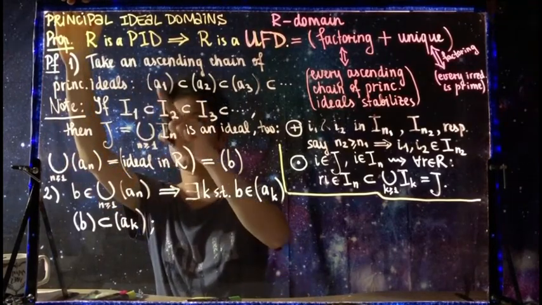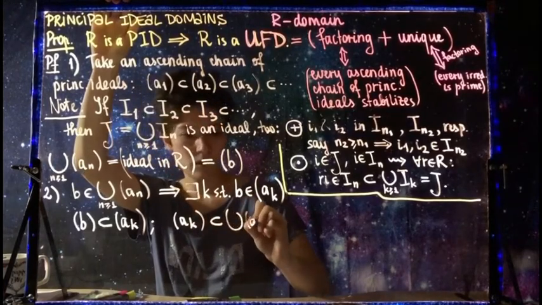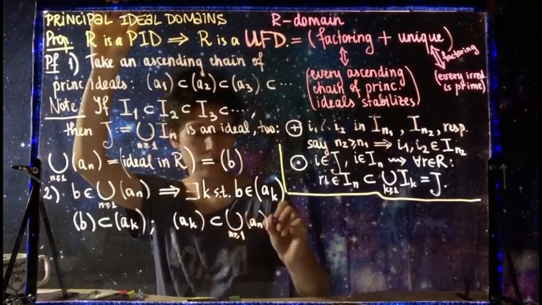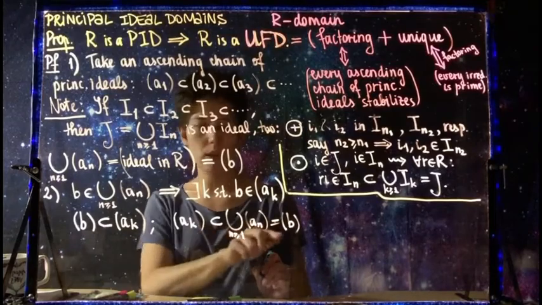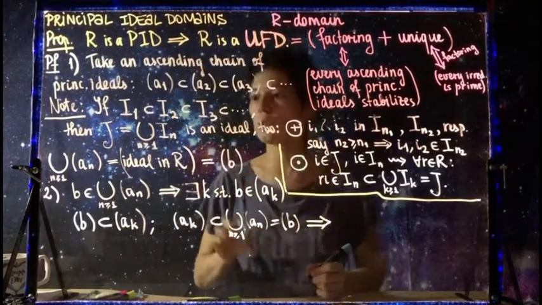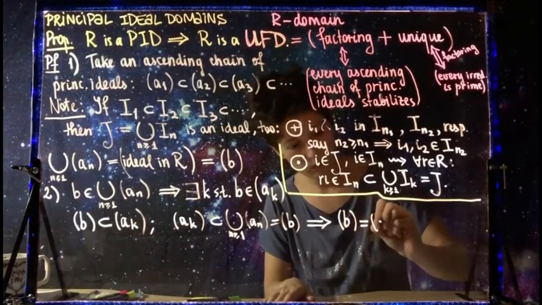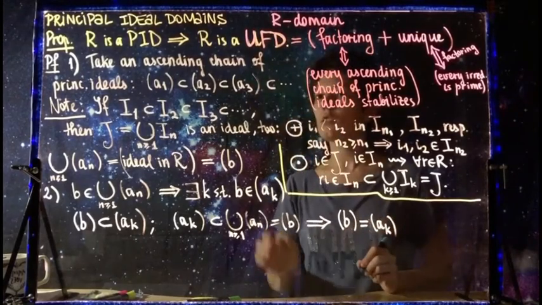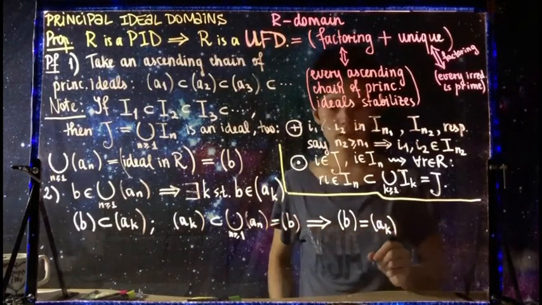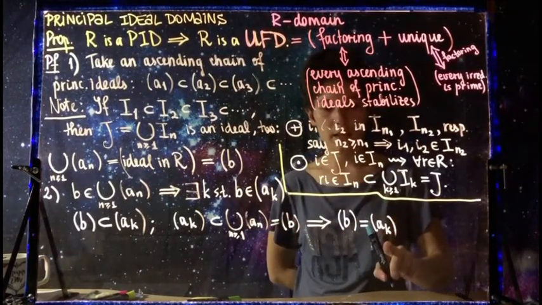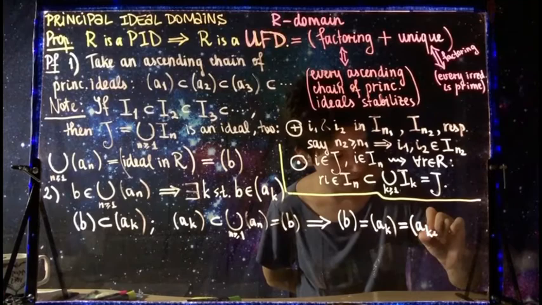And we know from the first step that A_K lies in the union of A_N, which is B. And since we have two reverse inclusions of two sets, it means that these two subsets of R coincide. So B is equal to A_K. And since all the further steps, A_{K+1}, A_{K+2}, etc., first contain A_K and second are contained in B, it means that they all must coincide too.